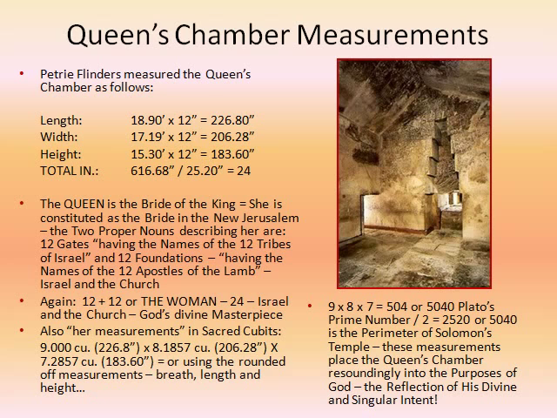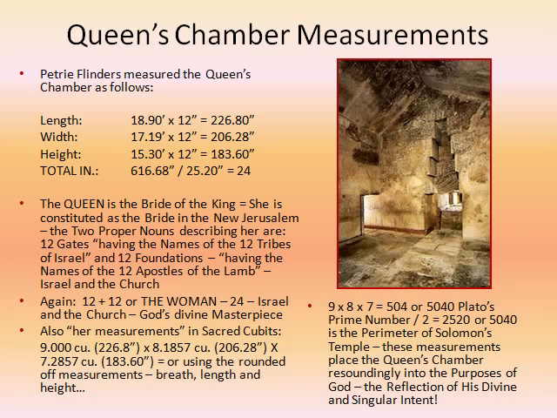Also, her measurements in sacred cubits are 9.000 cubits, that is, 226.8 inches its length, times 8.1857 cubits, that is, 206.28 inches its width, by 7.2857 cubits, that is, 183.60 inches its height.